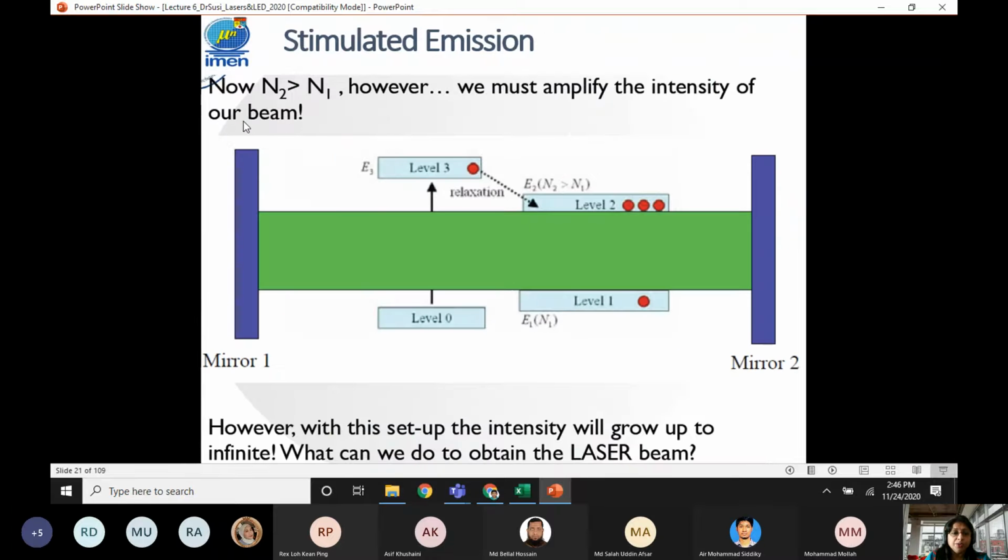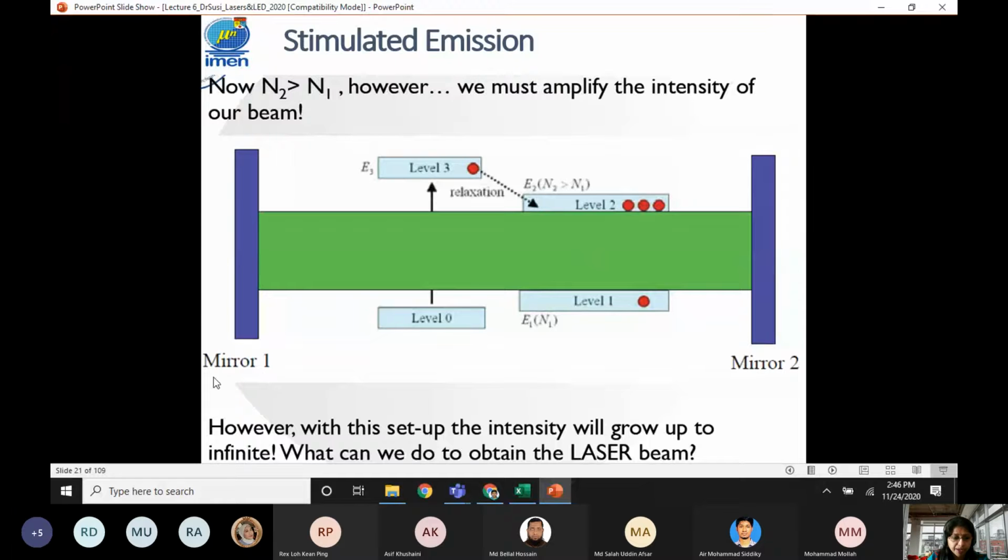Okay, so N2, the number of carriers in the higher energy level, is larger than N1. Therefore, you have a transition from the higher energy level, N2, down to N1, but we must amplify the intensity of the beam. So you have photon emission out, but how do you amplify that light?